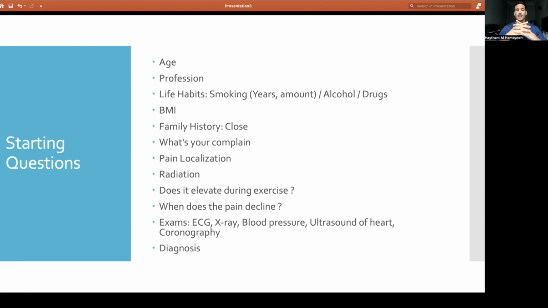The first one is the age, the profession of the patient. The third one is a life habit that the patient is used to, whether it comes to smoking.